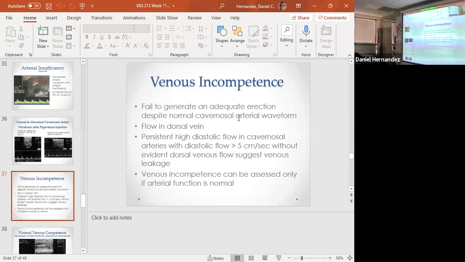If we don't see those resistive indices starting to come down and it maintains a low resistant waveform with high diastolic flow, then that issue is going to be an issue with venous incompetence. So we should look for that normal transition from low resistant to high resistant. If we don't see that and it maintains a low resistant waveform with high diastolic flow, that issue is then venous incompetence.